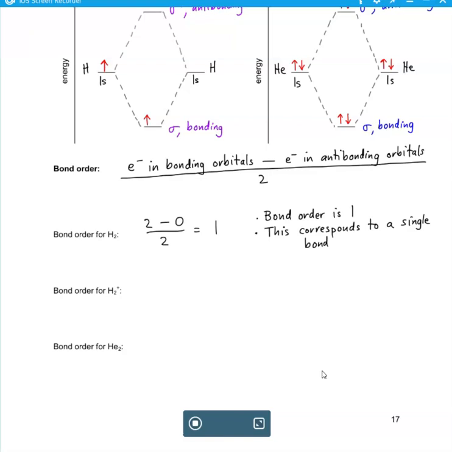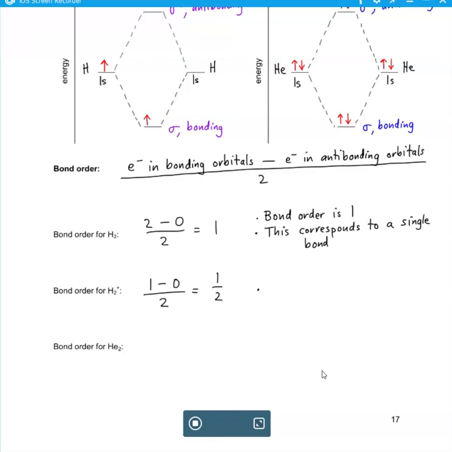Okay, let's repeat the calculation for H2+. We had, for H2+ up above, 1 electron in bonding orbitals, 0 electrons in antibonding orbitals, and when we divide that by 2, the result is 1/2. Now, ideally, to make a bond between 2 nuclei, you'd like to have a pair of electrons.